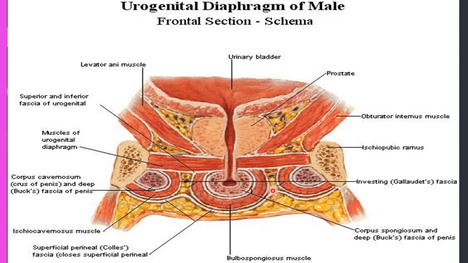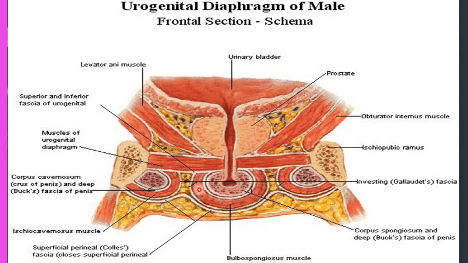So here once again you can appreciate that when you see from below, this is the skin, and then this is the fascia, which is extending down here as the Colles fascia, making up its superficial or inferior boundary of the superficial perineal pouch, and this is the perineal membrane, which is making its deep or superior boundary.